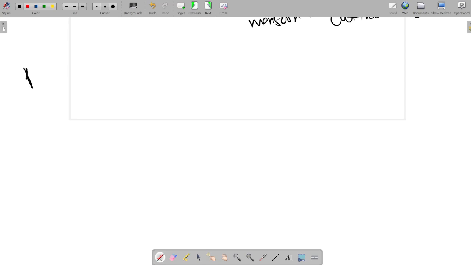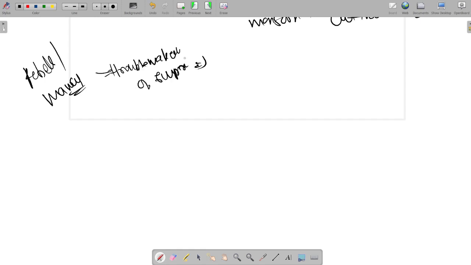Sometimes the rebels, or Mawas as called, were the troublemakers of the empire. They sometimes hid in the forest.